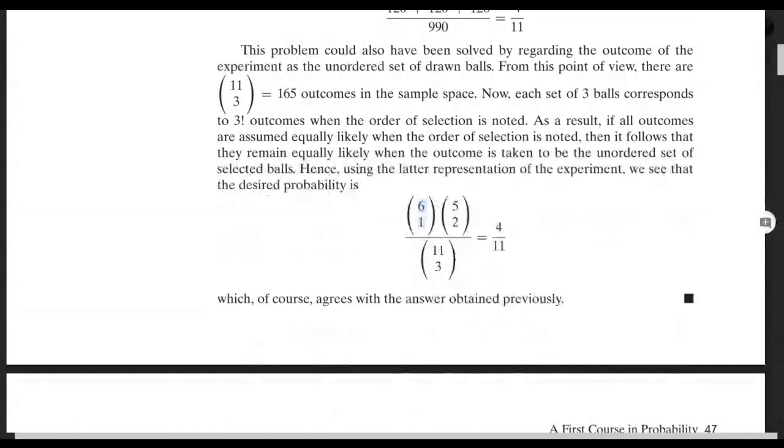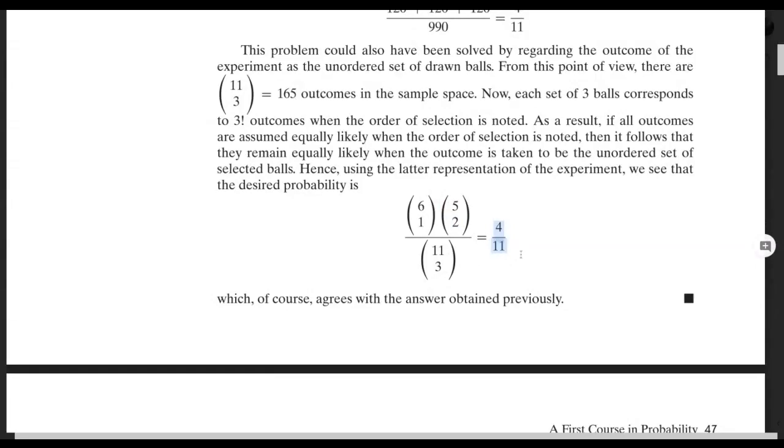How many ways of doing this? Then out of 5 black ones, choose 2. How many ways of doing this? By the counting principle, we multiply them, right? This is how many ways to have 1 white ball and 2 black balls. So that's the event. Then this event divided by the sample space, 165, will also get 4 out of 11.